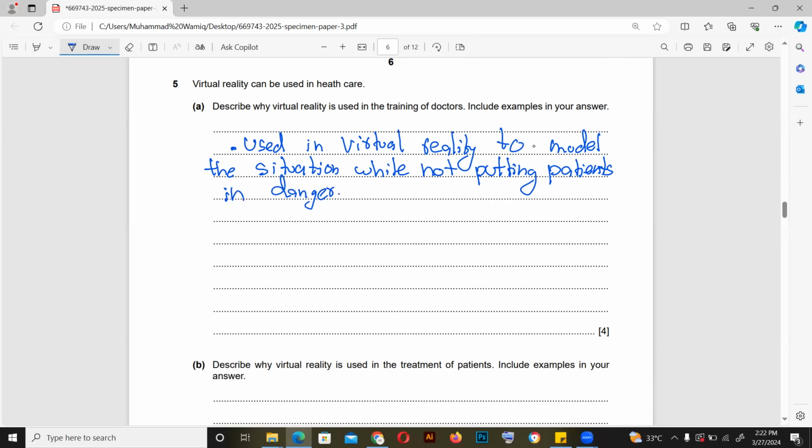That means they just give you a scenario, a case to check what decision a doctor could make. Used in virtual reality to model the situation while not putting patients in danger while a doctor learns new skills.